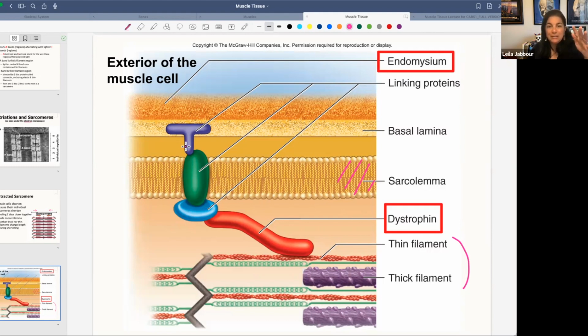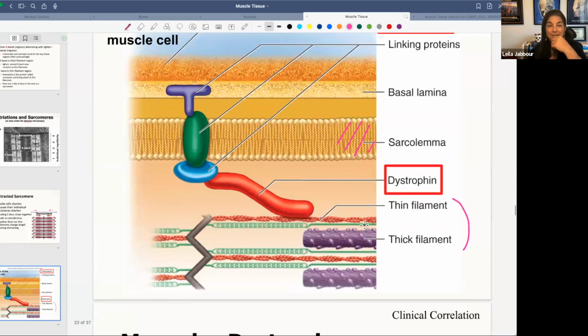It's really amazing. There's so much that we still don't know, but there's constant research about all of this. So dystrophin is a linking protein that links all these contractile fibers, these proteins, to the surface.